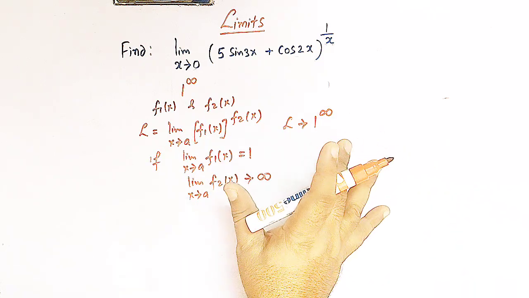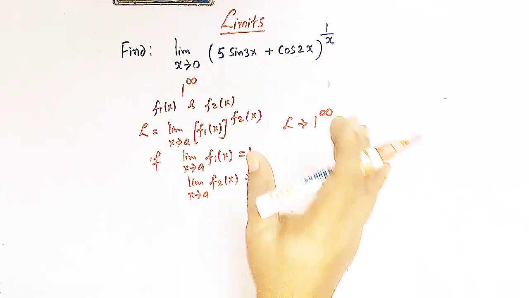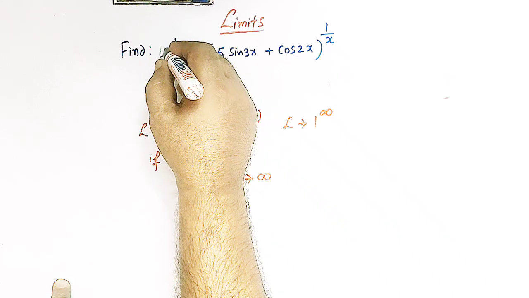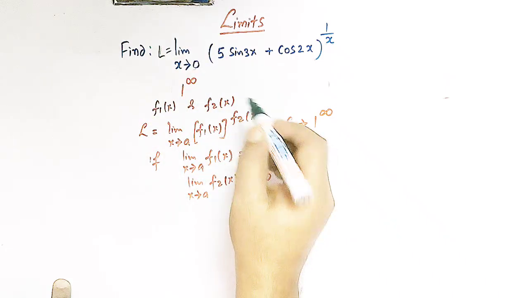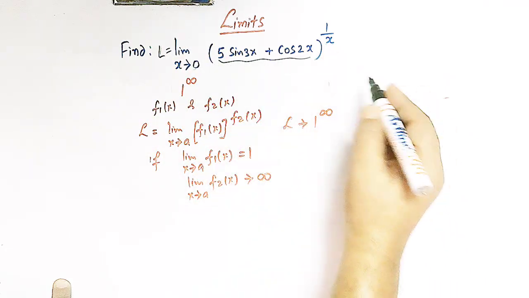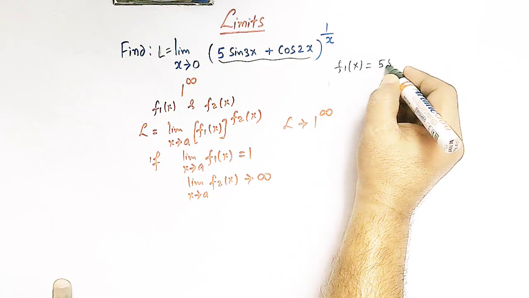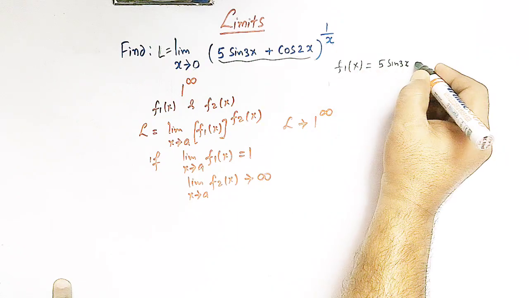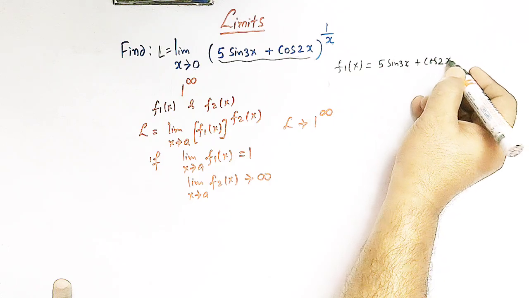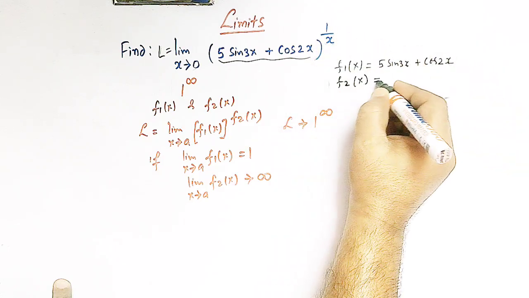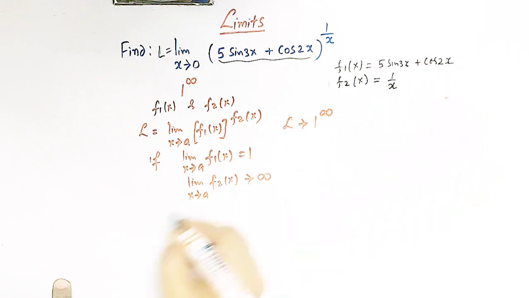And in this class we'll see how these types of limits can be evaluated. So now let us take this limit as L, and let us consider this function as f1(x), where f1(x) is 5 sin 3x plus cos 2x, and let us consider this function as f2(x), that is 1 over x.